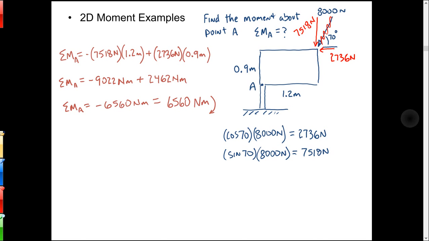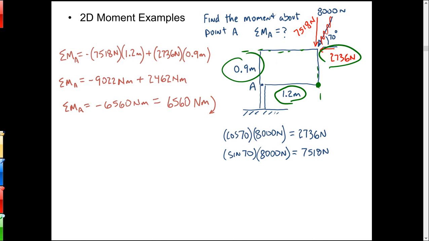Okay. So we got the 7518 is down like that on its line of action. That'll get me a 1.2 meter moment arm. So the y component of force goes with an x moment arm. You need those different directions to get a twisting action. And then the x component of force uses the y moment arm.